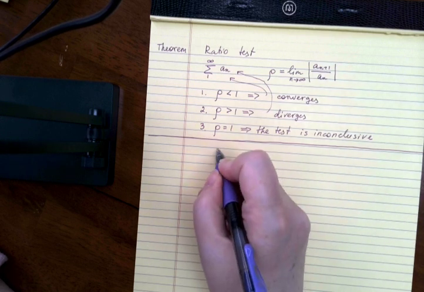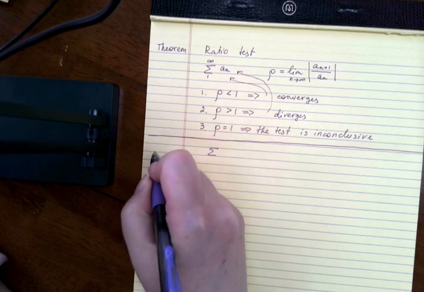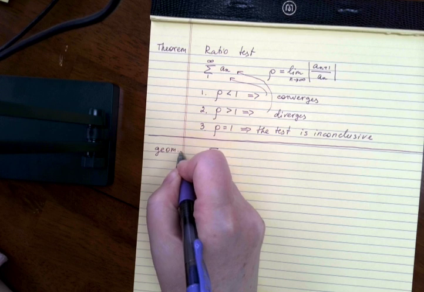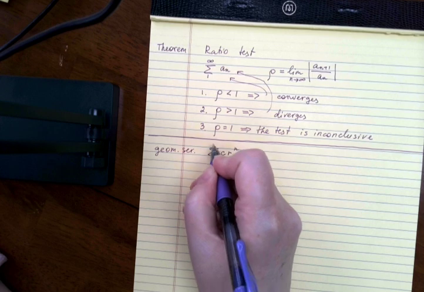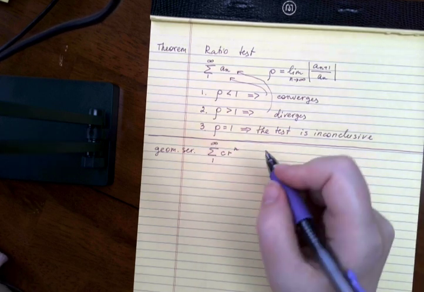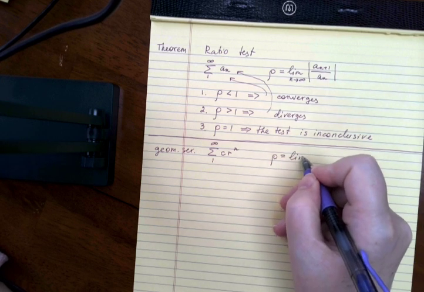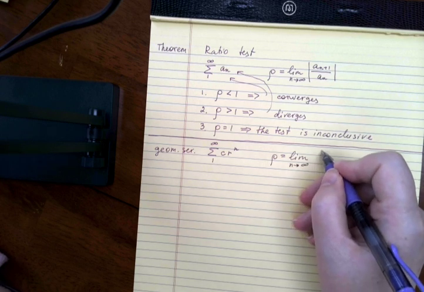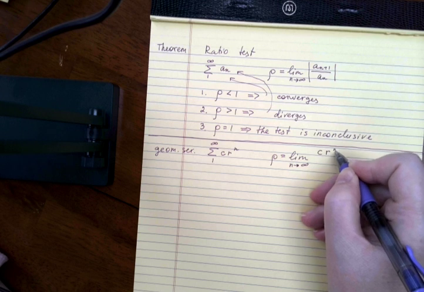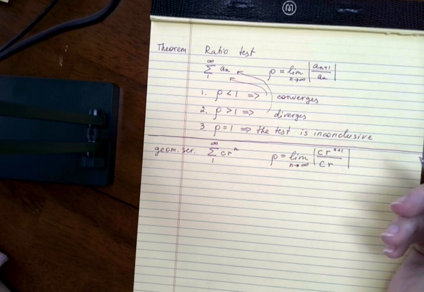Remember geometric series? Let me not use A, let me say geometric series is c times r to the nth from 1 to infinity. Let me compute rho for the geometric series. So rho is going to be the limit as n goes to infinity of the absolute value of c r to n plus first divided by c r to the nth.